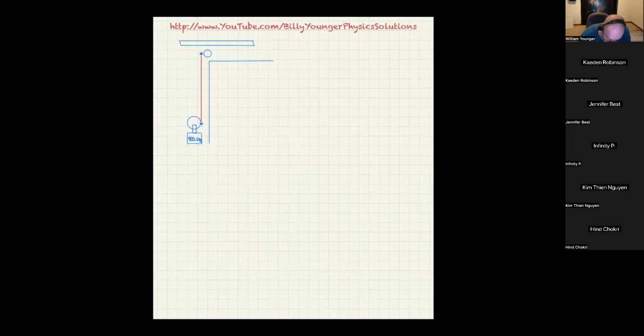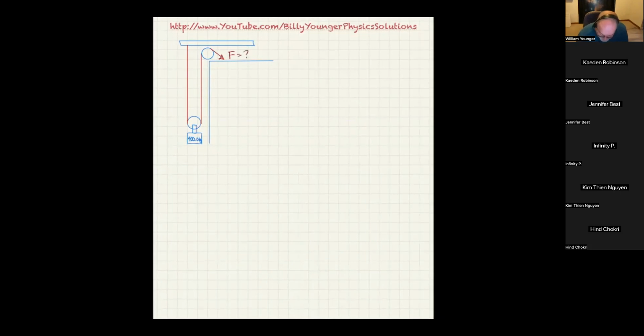Then I'm going to run this rope from here back up to the cantilevered beam. And then I'm going to run this rope this way, and let's say we put a force on it of F.